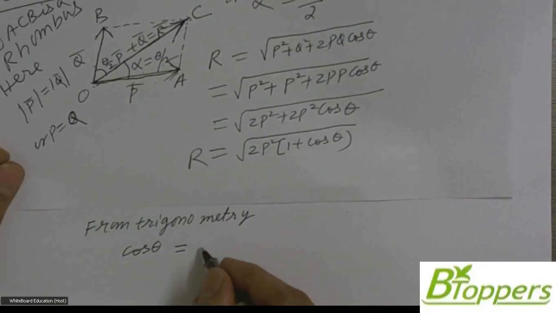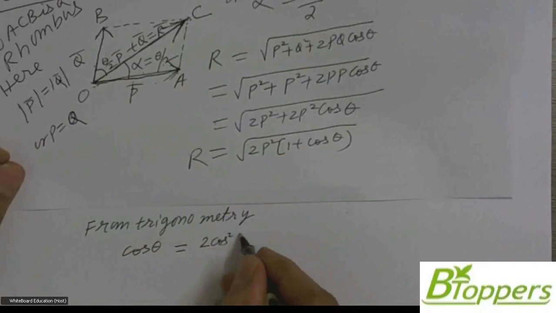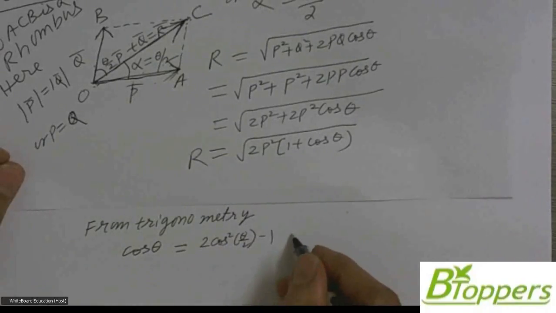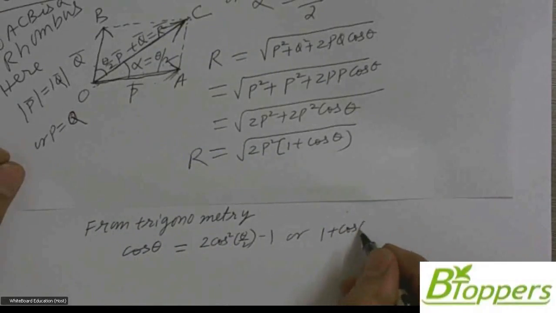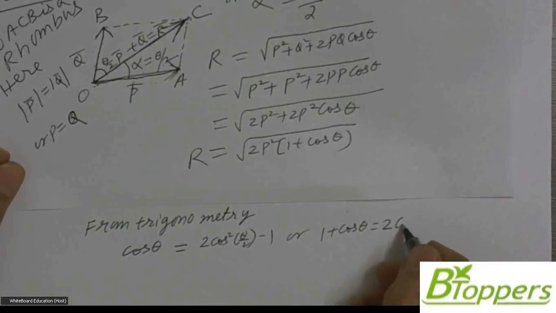So cos theta can be written as 2 cos square theta by 2 minus 1, or 1 plus cos theta equal to 2 cos square theta by 2.